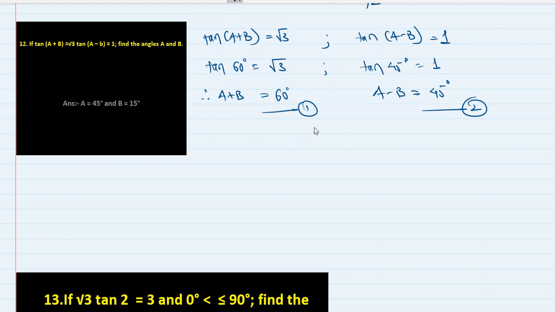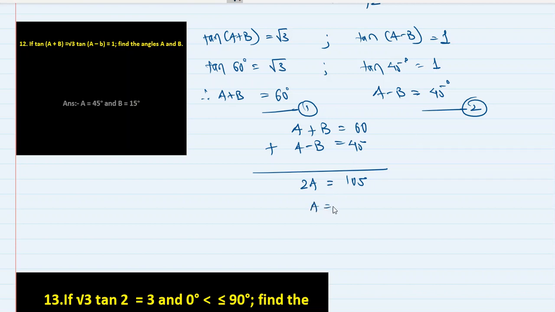Let me solve it. So I'm going to add equations 1 and 2. A plus B is 60 and A minus B is 45. So 2A is equal to 105. That is really strange.